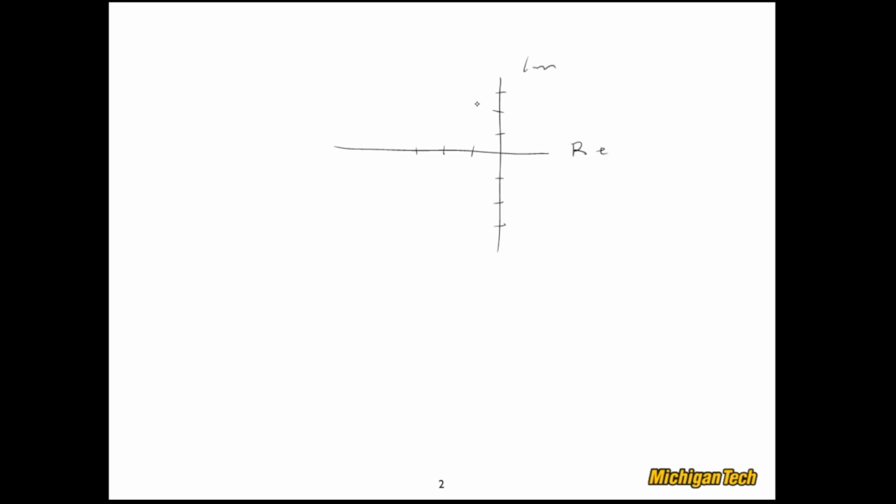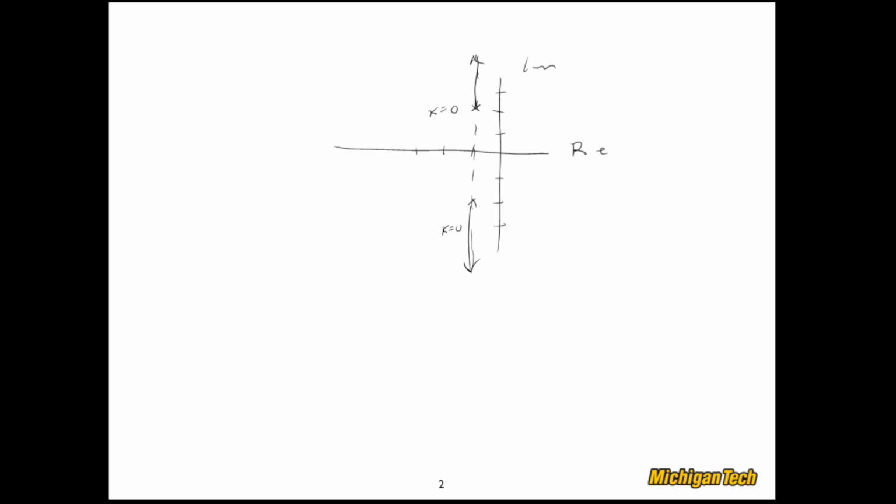Okay, so -1 plus minus 2j. This is where our K equals 0 points are. The asymptotes are at plus minus 90 degrees, and they go right through the point -1. So guess what? The root locus just zooms off from those K equals 0 points into the complex plane.